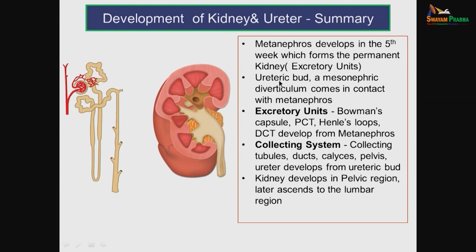The ureteric bud itself gives rise to the collecting system of the kidney, that is the collecting tubules, the ducts, the calyces, pelvis and the ureter. As has been told earlier, the kidney develops in the pelvic region and later on it ascends to the lumbar region. So this summarizes the development of the kidney and ureter.